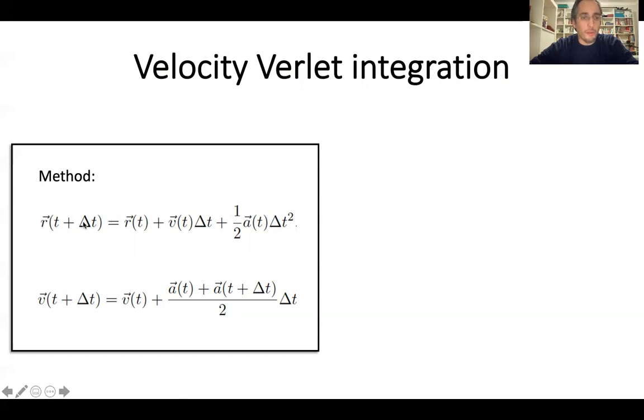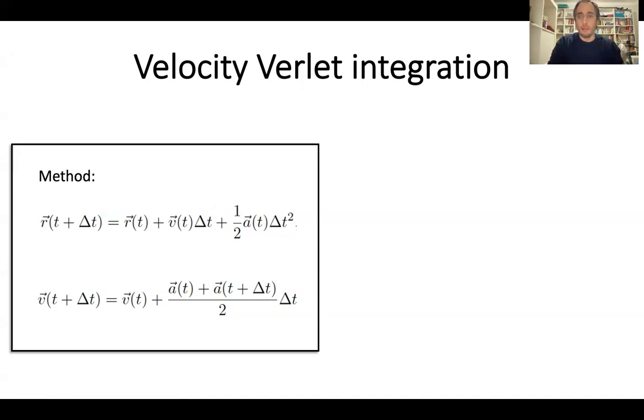Just have a step for the positions from the force computed at the initial position, and then you have the step for the velocity that uses both positions at time t and t plus delta t. These 2 steps have a disadvantage that you have to keep at all times the values of the force for 2 time steps, which is not optimized this way.